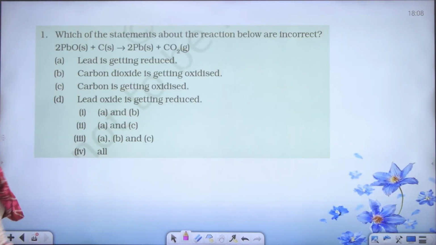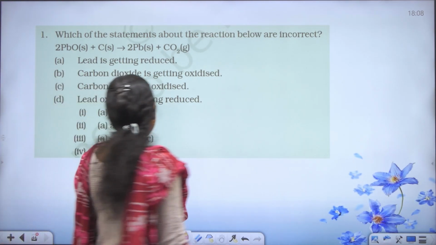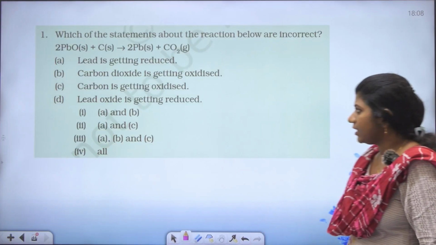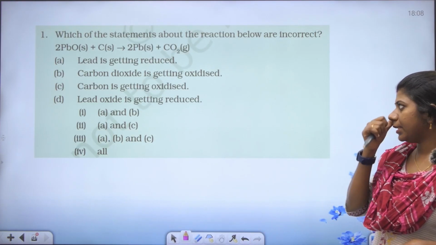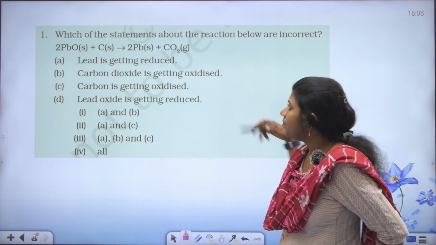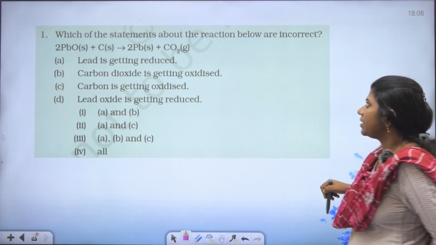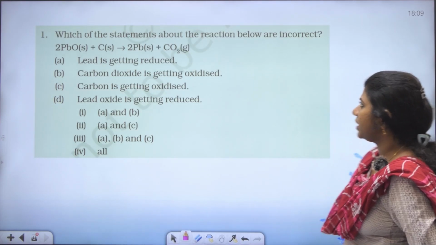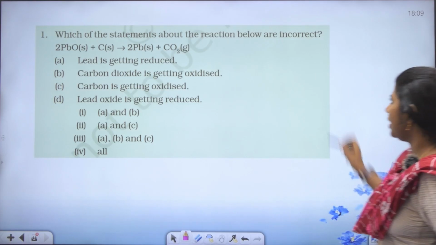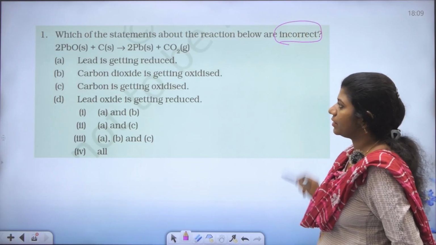Then the next problem. Which of the statements about the reaction below are incorrect? PbO plus carbon gives Pb plus CO2. Lead is getting reduced. Carbon dioxide is getting oxidized. Carbon is getting oxidized. Lead oxide is getting reduced. Which of the statements are incorrect?